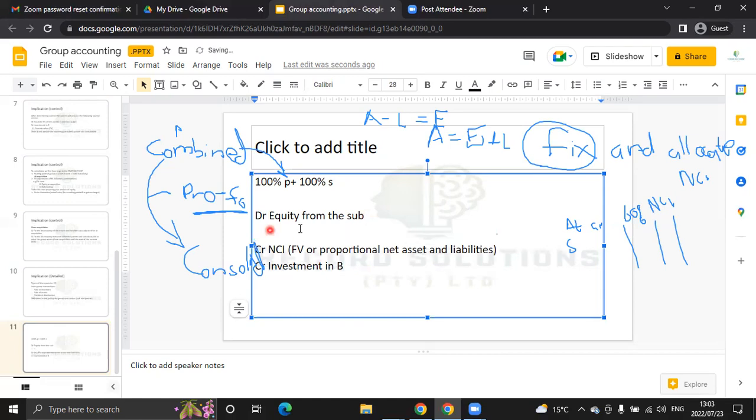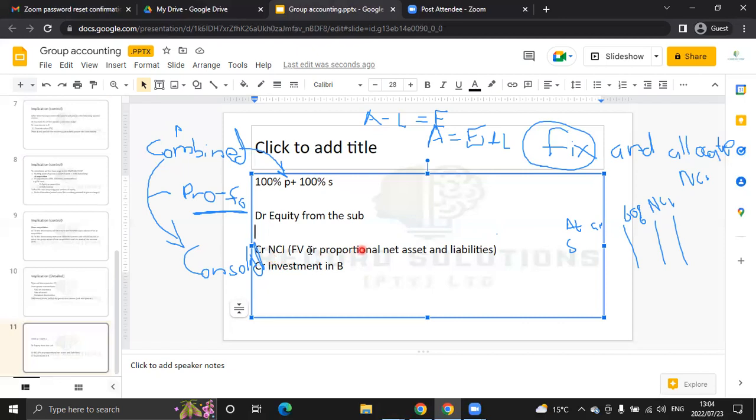Now, let's look at this. What happens is this equity that we took out is the total value of the business at acquisition, right? This is the value of the business at acquisition. And a portion of it, because we didn't buy the entire business, must go to the non-controlling interest, right?